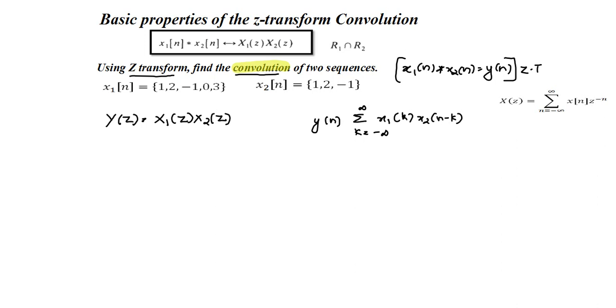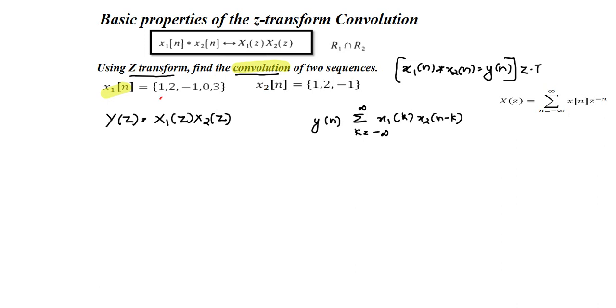So first we need to find the transform of x1 of n. This is the formula to find the transform of a signal: sigma n equal to minus infinity to infinity x of n into z raised to minus n. But in the question you can see that the sequence starts from this particular point.